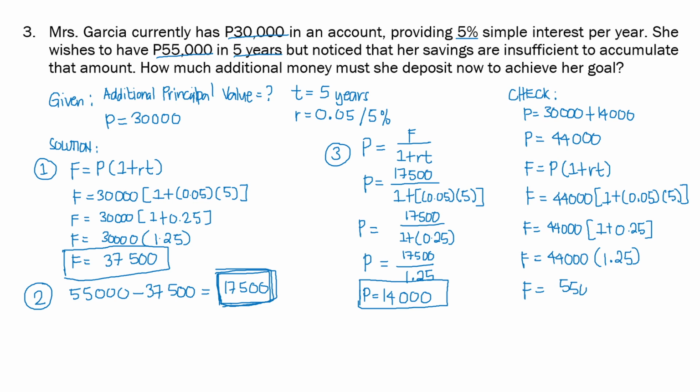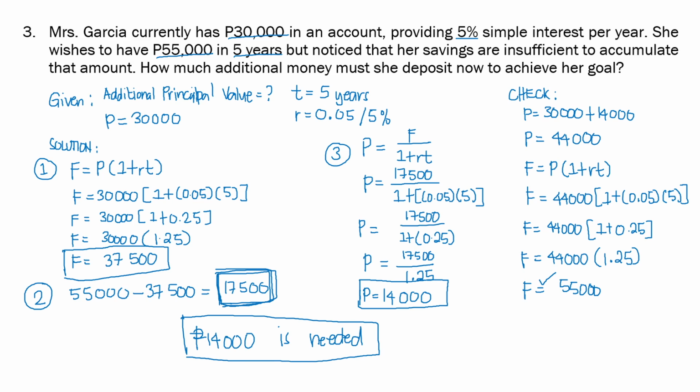So check. So it means we need 14,000 pesos. So sakto nga 14,000 pesos ang kinahanglan i-add ni Mrs. Garcia sa iyang principal value nga 30,000 para mahimo ning 55,000.